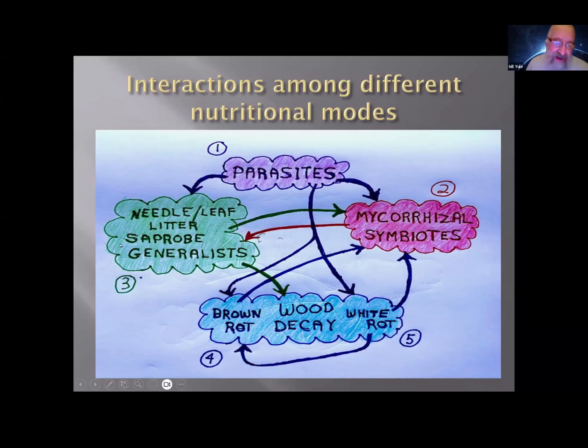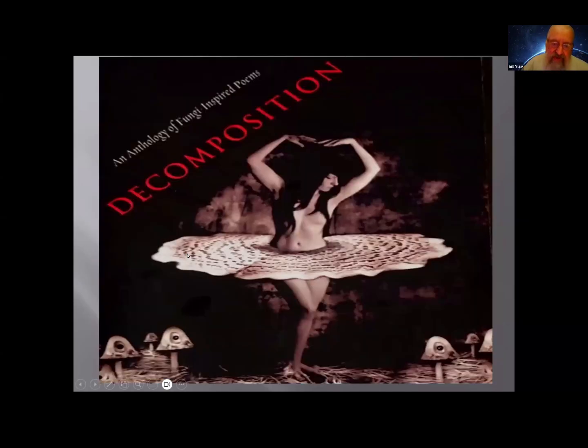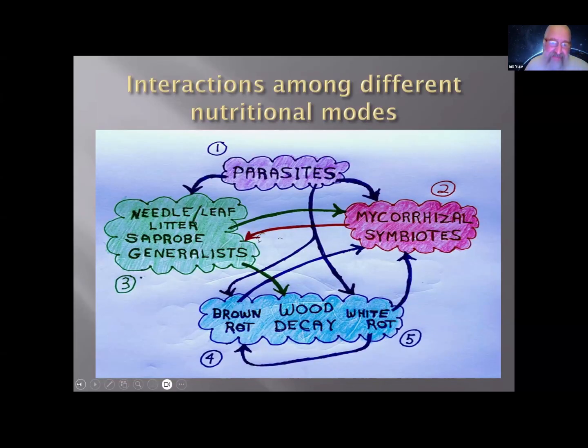And then over here in the needle leaf litter bubble, you have an arrow that goes over to, whoops, to wood decay. Let me move back there for a minute. And then number 4, brown rot. You can see that brown rot evolved over time into ectomycorrhizal fungi. All of the boletales, all the boletes, and everything in the bolete lineage, at least up to the order level of boletales, evolved from brown rot fungi.